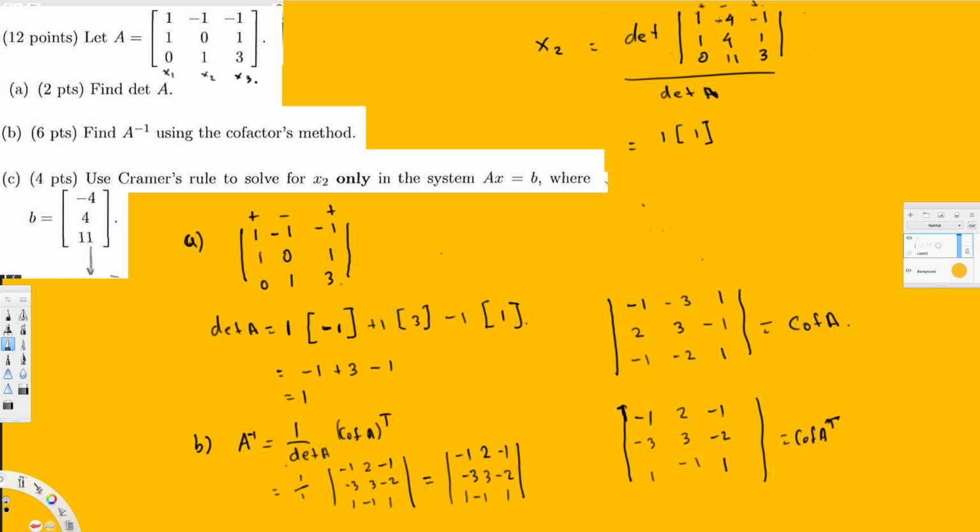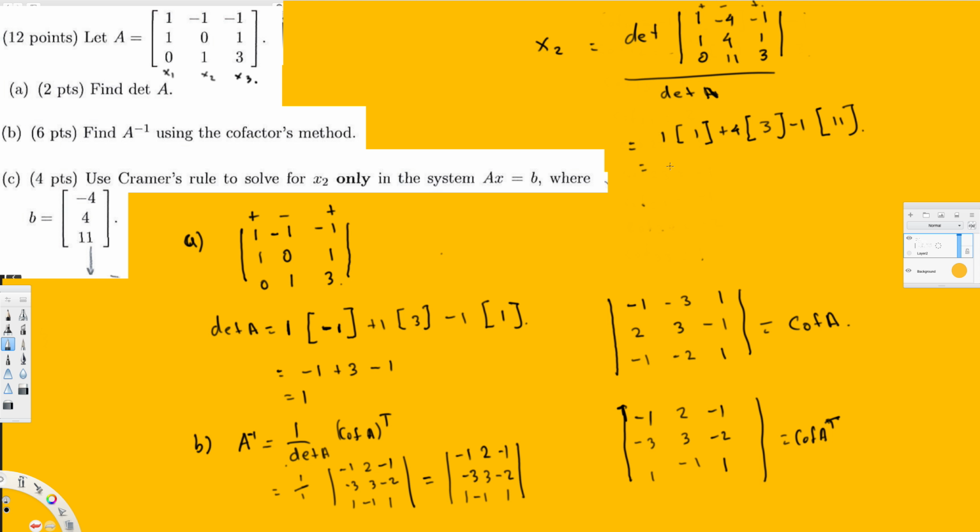Then if I take the -4, this is a minus sign, so minus 4 is going to be +4. Taking AD minus BC, 1 times 3 is 3, 0 times 1 is 0, so it's just 3. Then the last one is -1. If I eliminate all the components, it's 1 times 11, 11 minus 0 is 11.